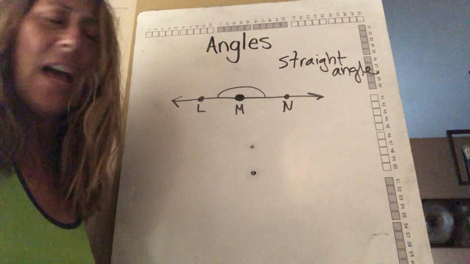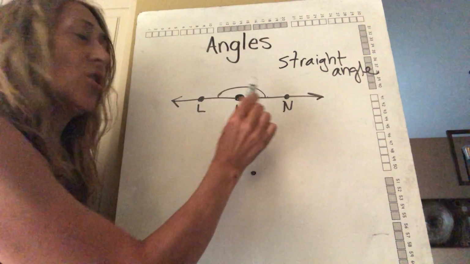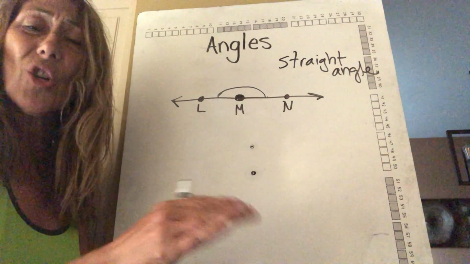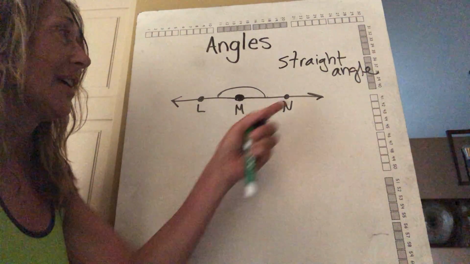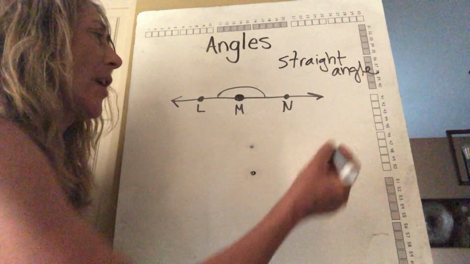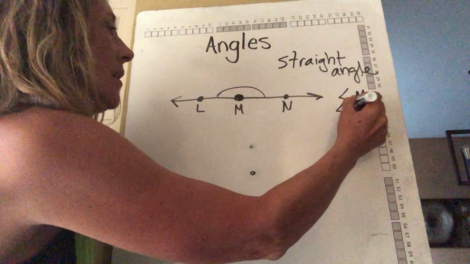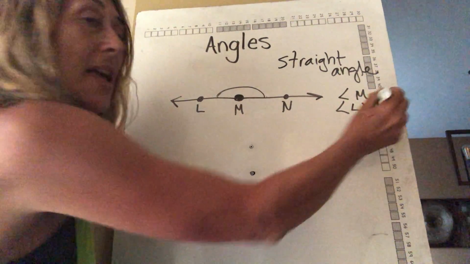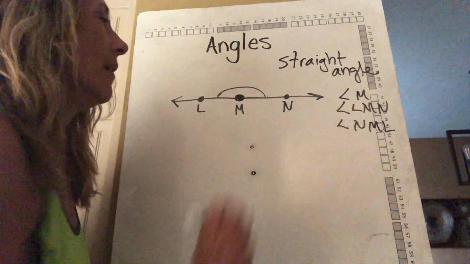How is it different than a line? Because I put this as my vertex and I drew this to show that's the portion, the degrees. So first I'm going to say that's a straight angle, or I'm going to label it by its points. So it could be angle M, angle LMN, or angle NML.